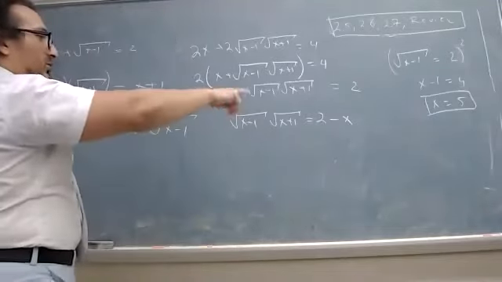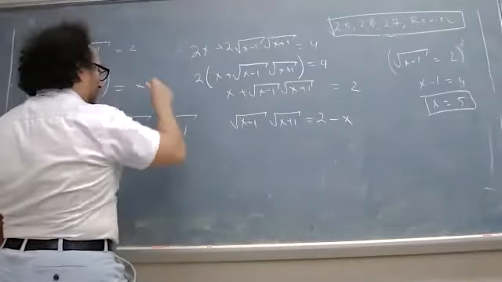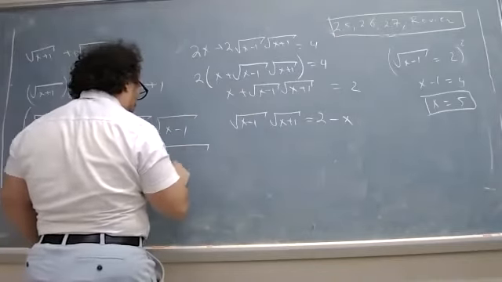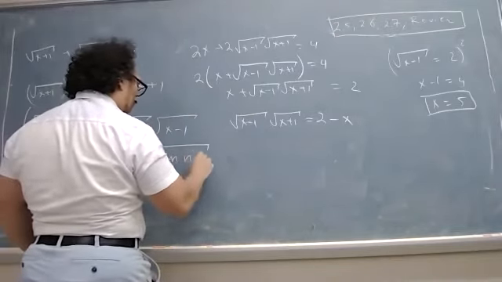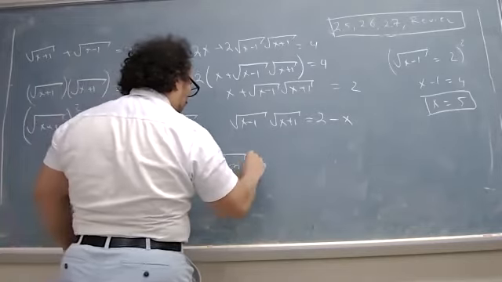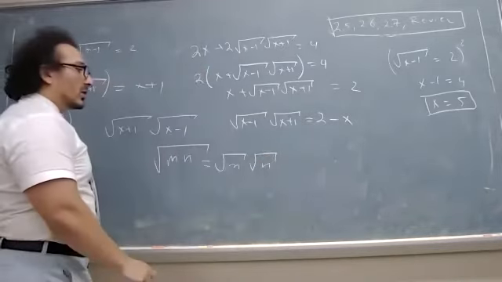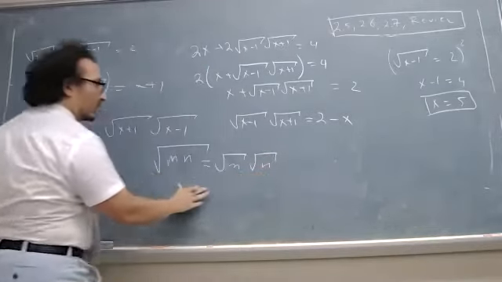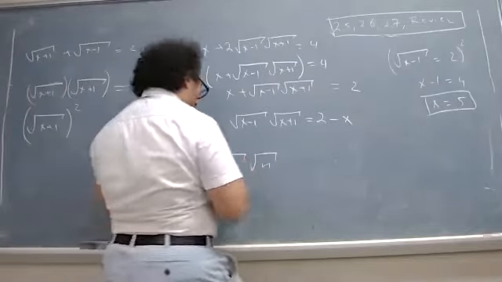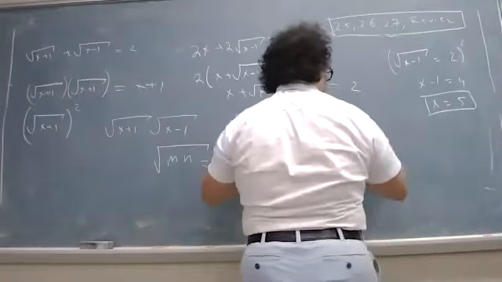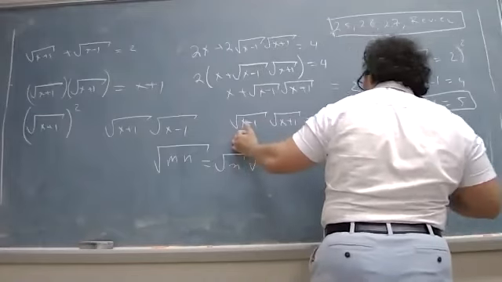So we get this situation. Notice that from a long time ago, the square root of some m times an n is the same thing as square root of m times square root of n. So clearly, if this is true, we can go in reverse. Meaning, I can express this left-hand side as this.